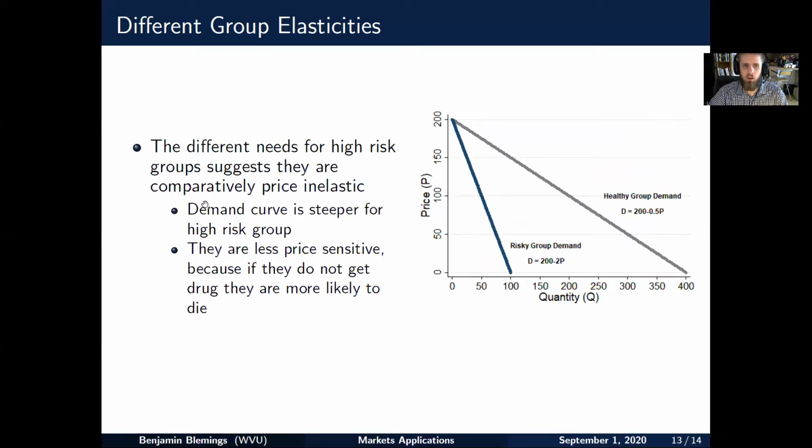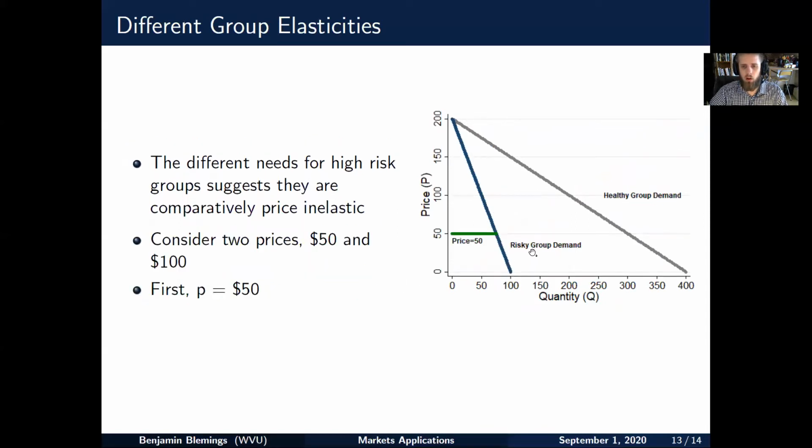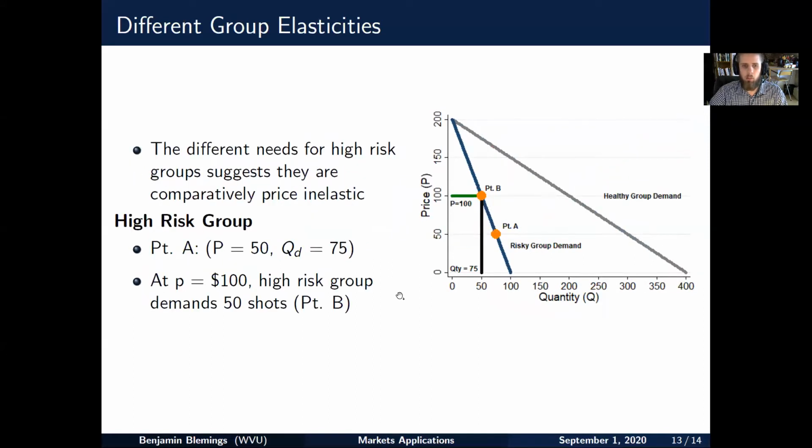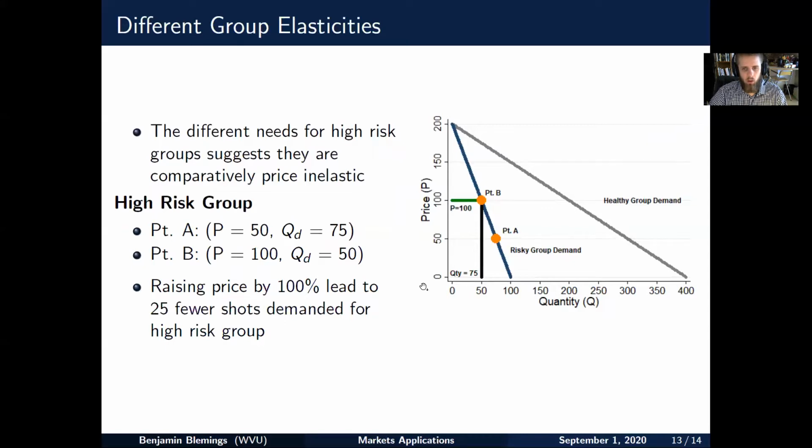So the different needs for high-risk groups make them relatively price inelastic. This dark blue is a relatively risky group, and the dark gray is a relatively healthy group. We know that if you change the price for the risky group from 50 to 100, they only demand 25 fewer shots.